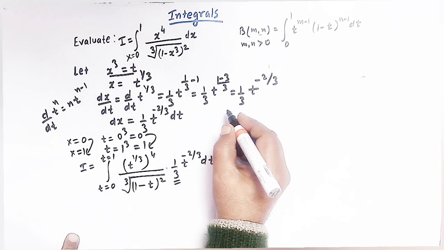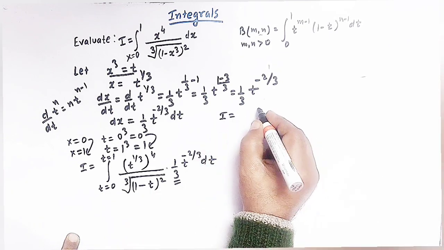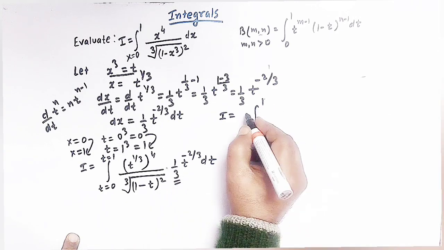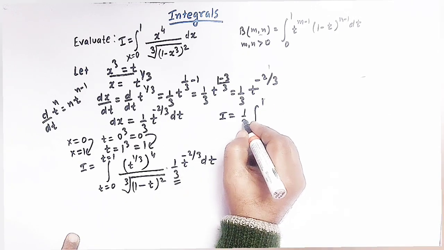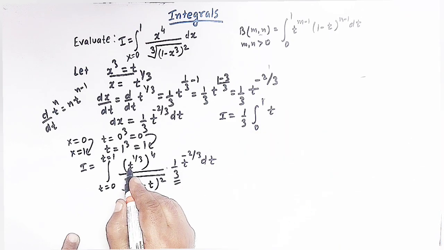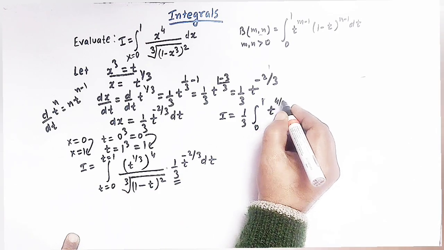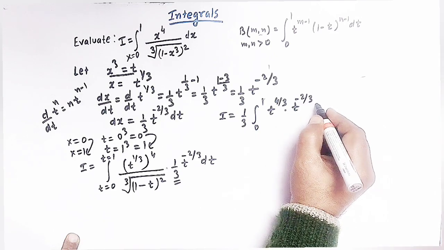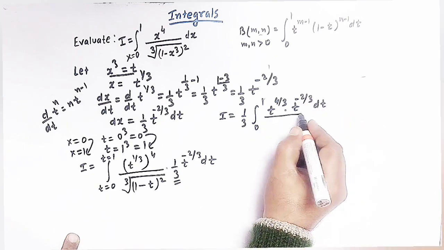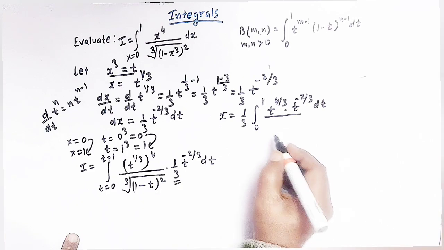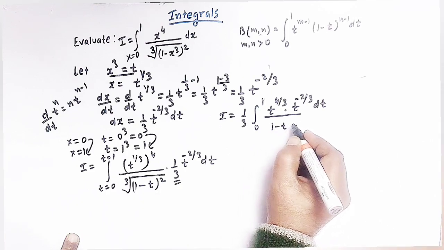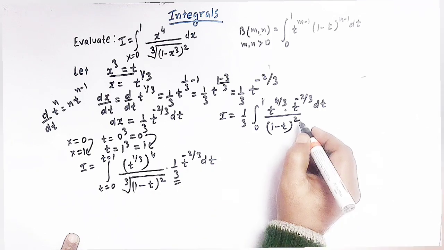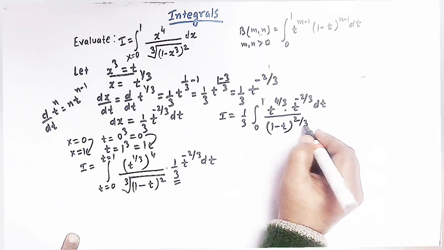So now we can write this integral I as 0 to 1, and here we can take this term 1 over 3 outside the integral. Then we have t raised to 4 over 3, and here we have t raised to minus 2 over 3 dt, and in the denominator we can write (1 minus t) square, and here we have the cube root, so here we can write 2 over 3.